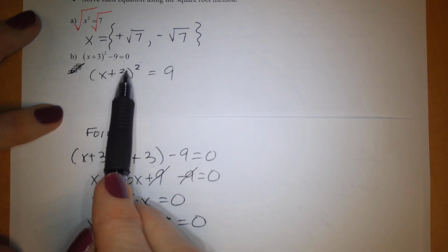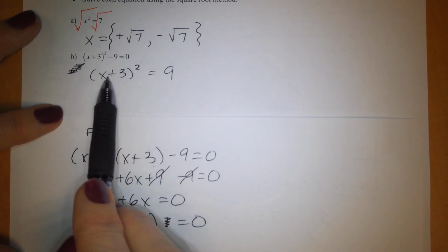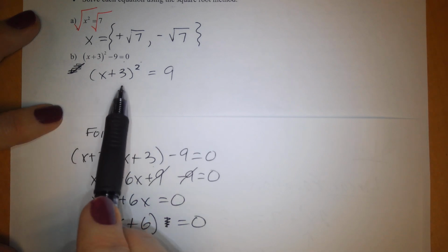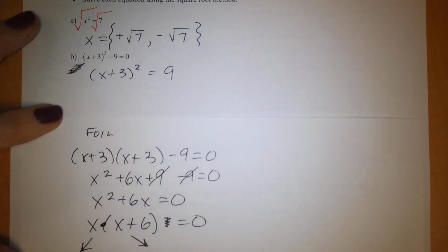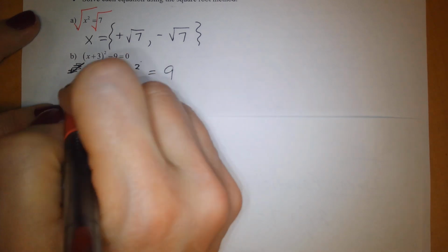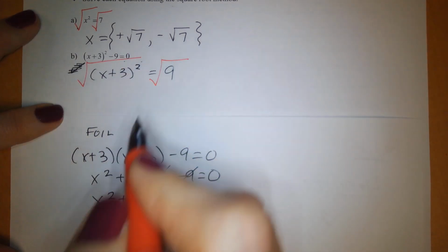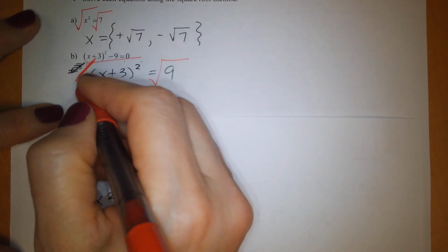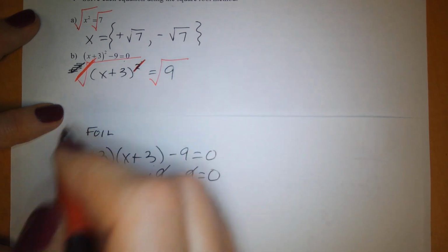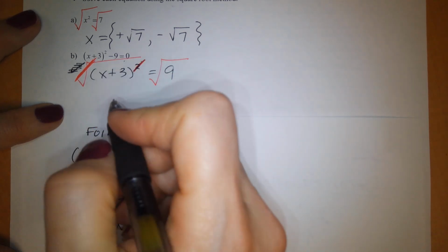I do have something squared. It just so happens that the something is more than just one term, but that's okay. I can still solve this like I did with the square root property. I can take the square root of both sides at this point, and you'll see that this square root will inverse and undo the squared symbol.